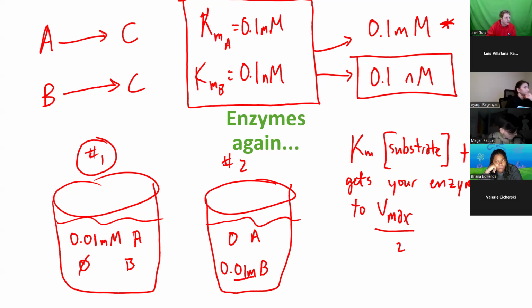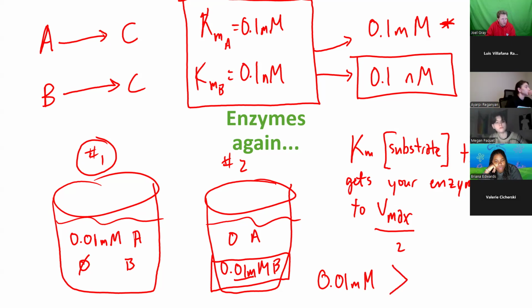Sorry, that should be lowercase m, capital M, and then B. This quantity right here, 0.01 millimolar, is greater than 0.1 nanomolar. Okay, so that was just a refresher there.